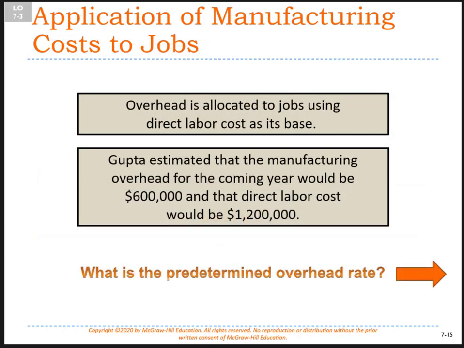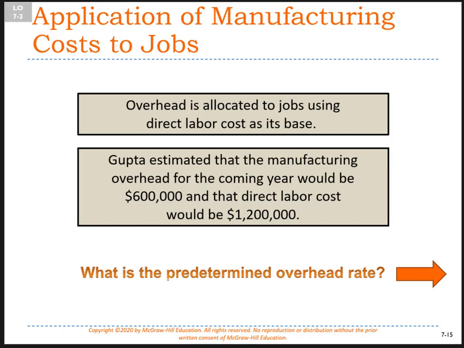We estimated the overhead for the whole year would be $600,000 and the direct labor cost would be $1.2 million. So remember, that was something we did predetermined. It doesn't directly relate to those journal entries we were making a minute ago in terms of actual costs. This was the estimate before we started any jobs.